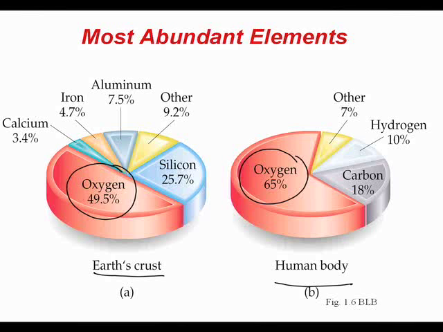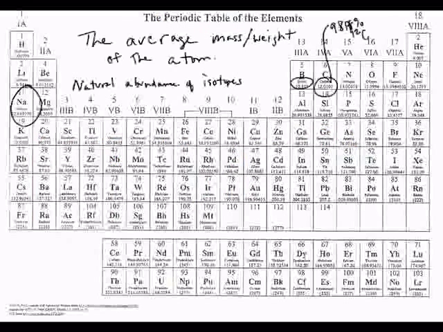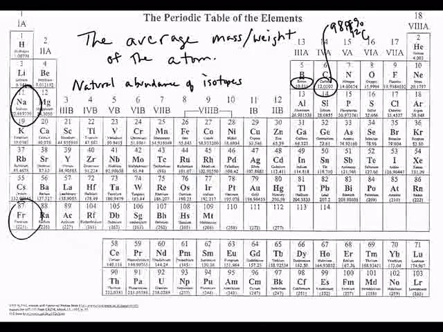But notice how few overall elements there are that make up the bulk of the crust and the human body. If we go back to something like francium here, this means it's radioactive. It's here, but it's not going to be here forever. There's about 20 grams of this stuff worldwide at any one time.